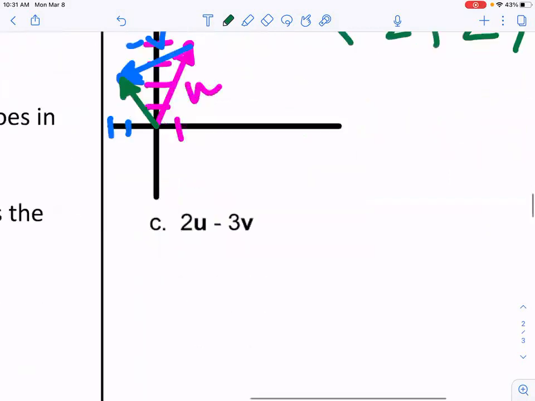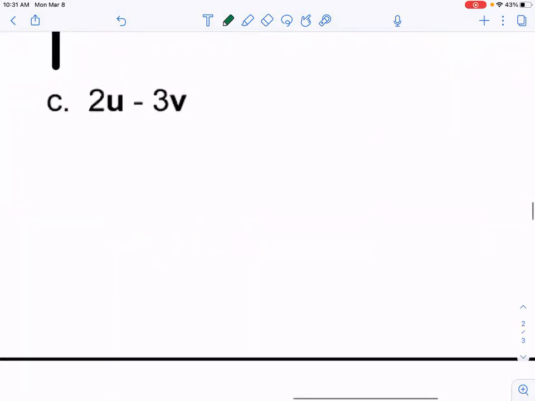All right, the last thing I want you to do is 2u minus 3v. I would suggest multiplying those scalars through first and then subtracting. I'll give you about, I don't know, 20 seconds. Compare it with your neighbor, and then we'll move on. Don't worry about drawing a picture.